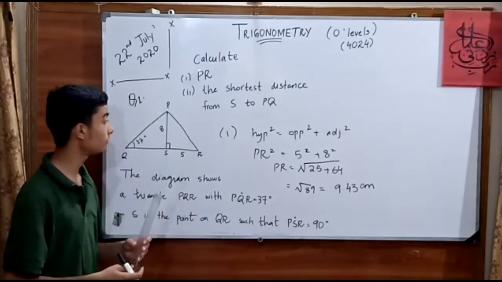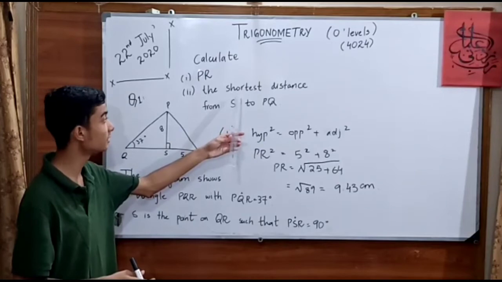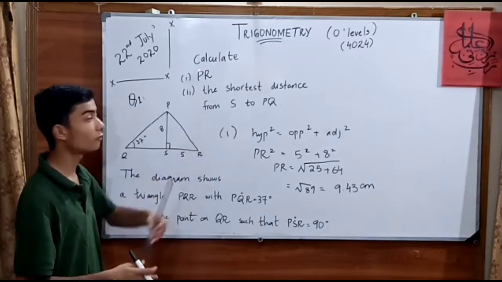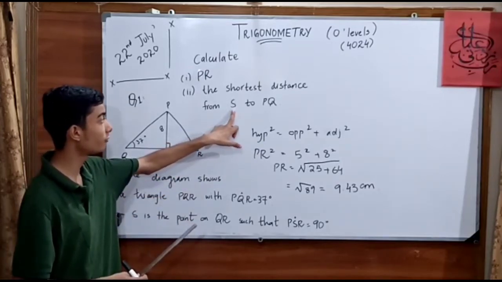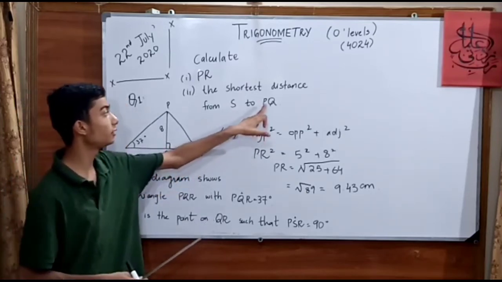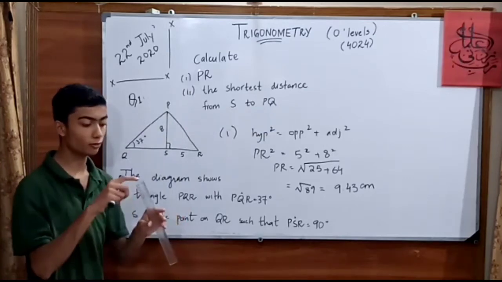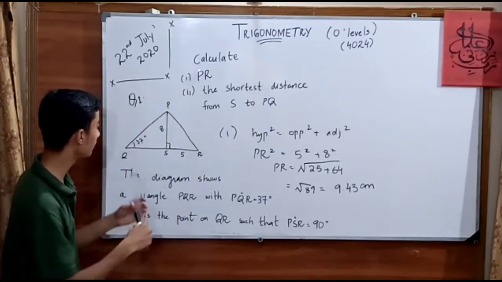To calculate the shortest distance, we have to place the scale from the first point to the last point. The point S is over here and the line PQ is over here. So for the line PQ, we are just going to use the horizontal side of this scale. It would be like this.